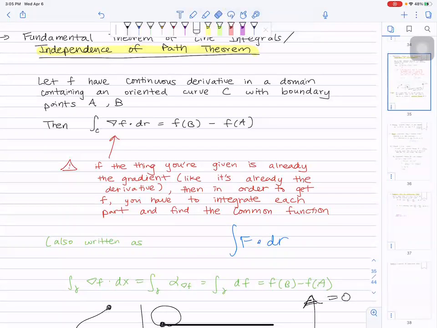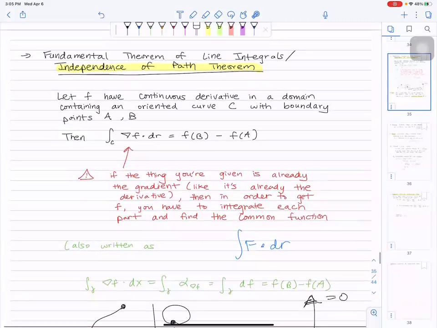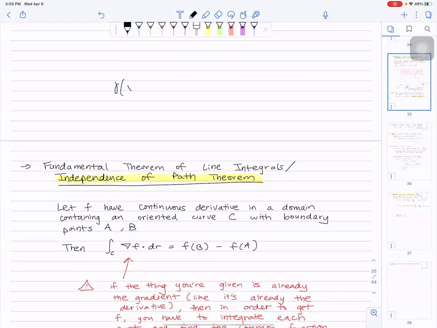Yes, exactly. It's especially a good sign if they give you some path, like gamma of x is defined by whatever, and they say starting at x equals a to x equals b.